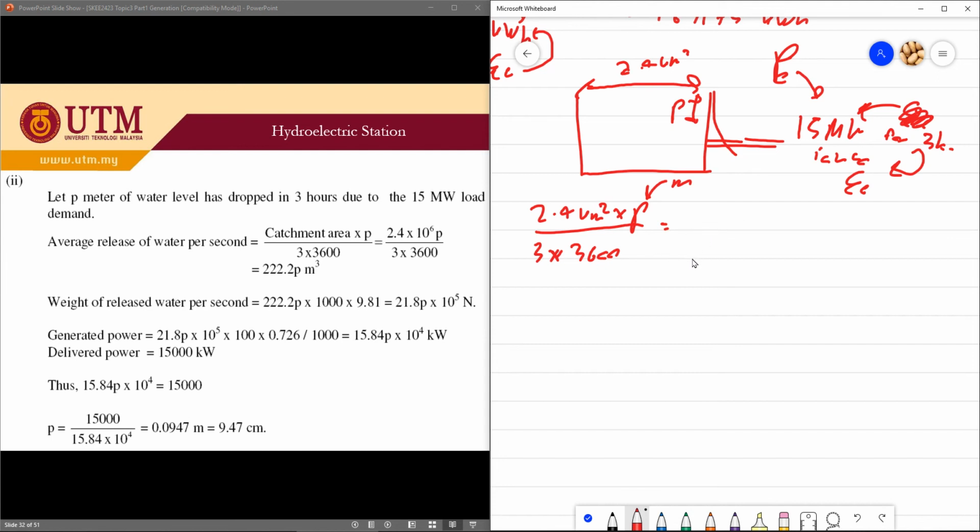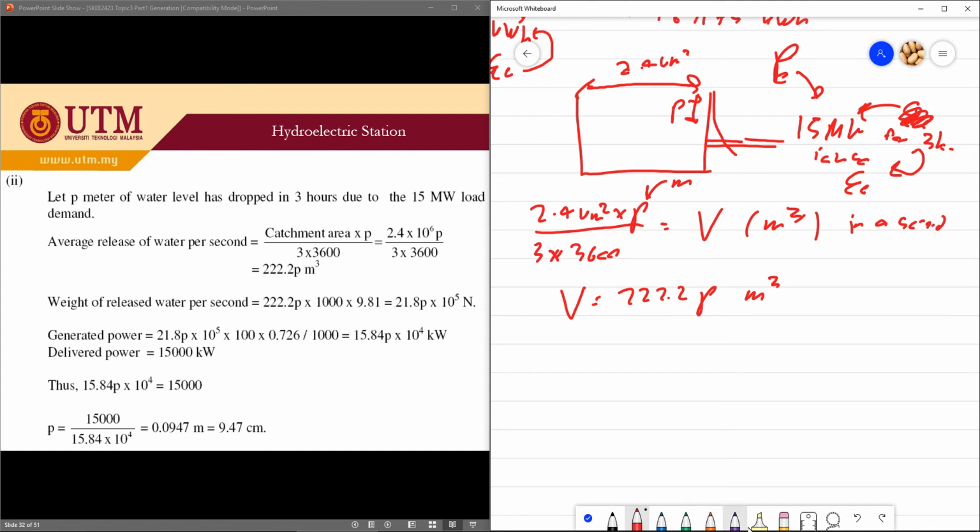The volume is in meter cube per second. Make sure it is per second. So after this, you get V equal to 222.2 P in meter cube.